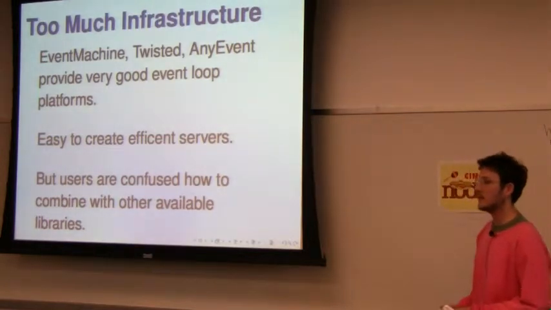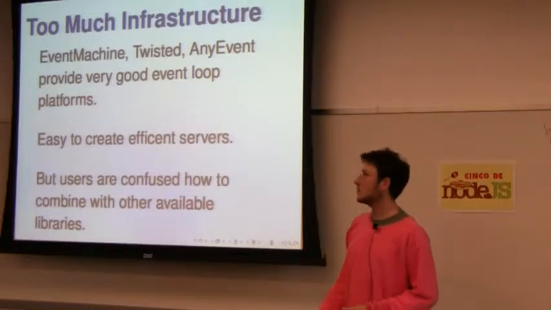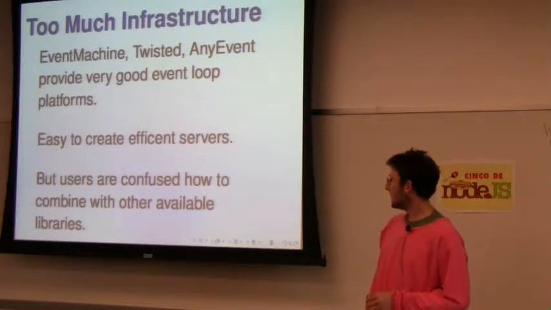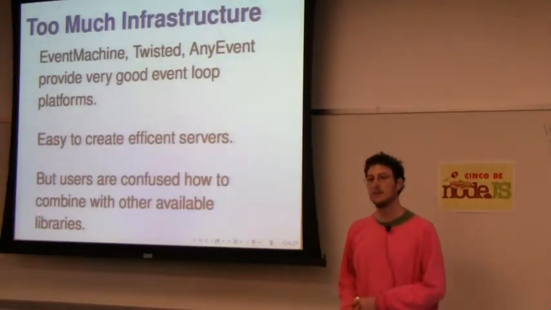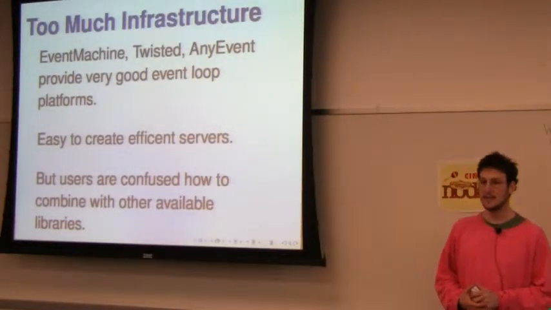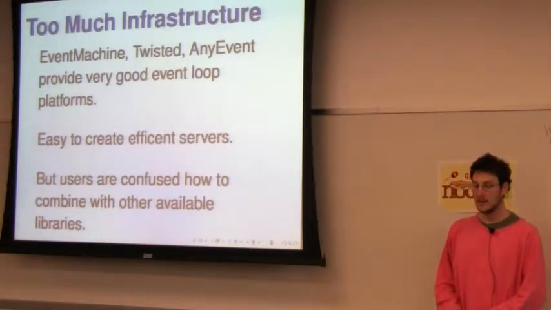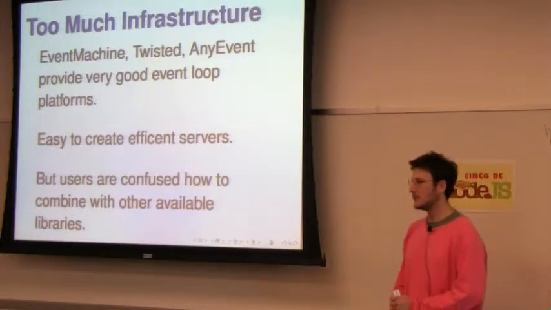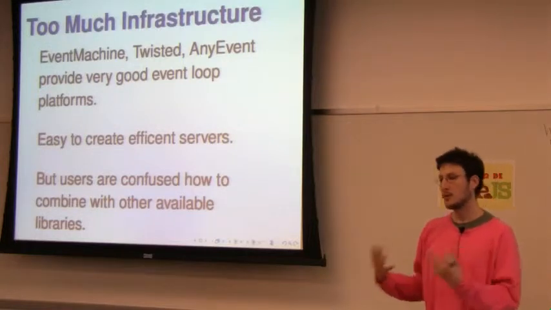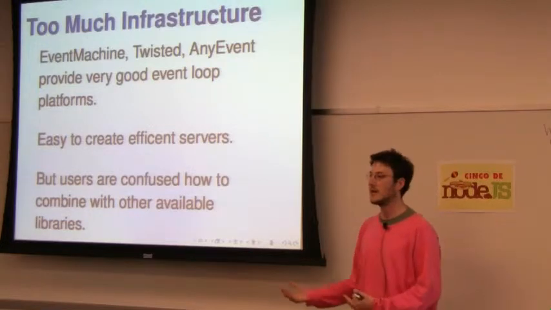In other cases, in Ruby and Python and Perl, there's EventMachine, Twisted, and AnyEvent, respectively. And they provide very easy platforms to write non-blocking event loop code. It's pretty easy to take them and write very fast, efficient servers. They're great libraries. But the everyday user coming to this is kind of confused about how they take Twisted or EventMachine and combine it with all the other Ruby infrastructure or Python infrastructure.